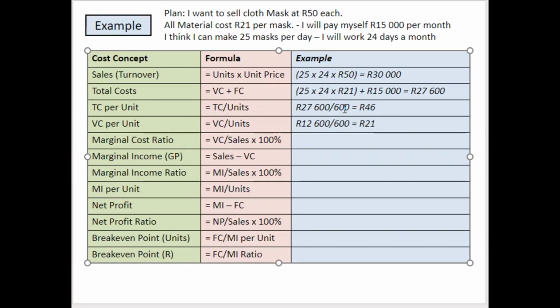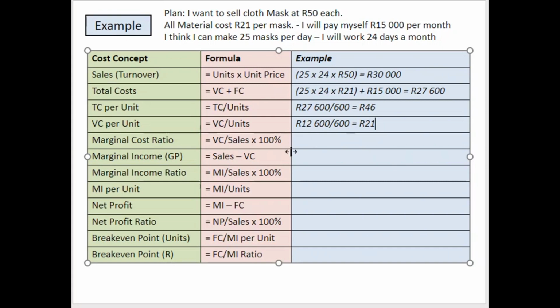She never really thought about how much she was going to pay herself, because she still gets a salary. But really, you cannot ever underprice yourself. Selling them at 25 Rand means that you can hardly pay yourself.